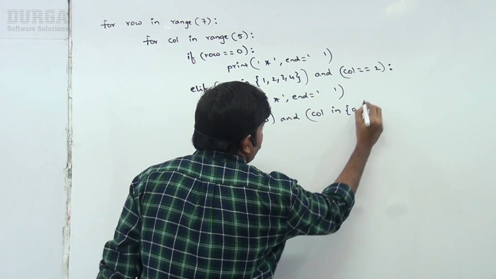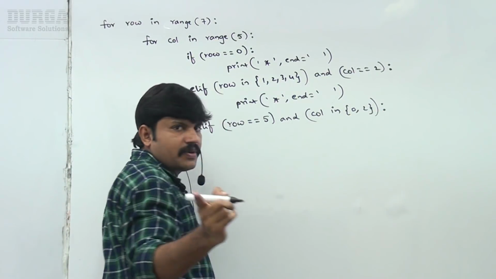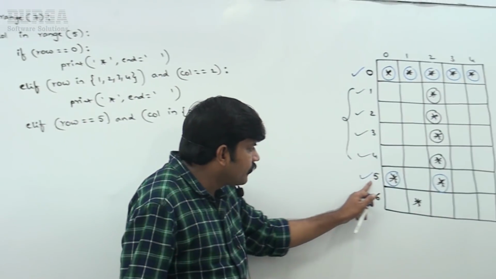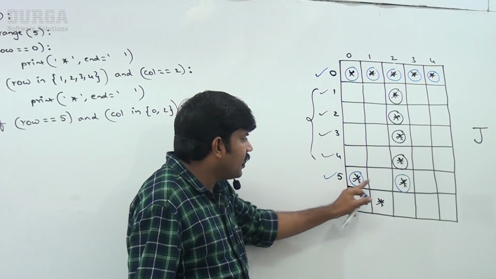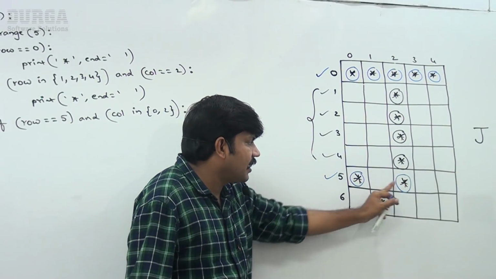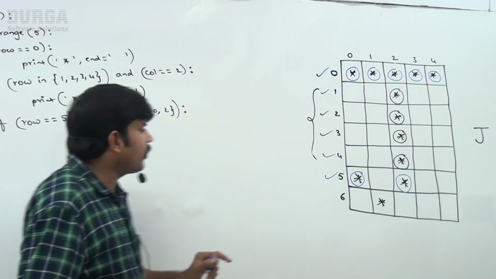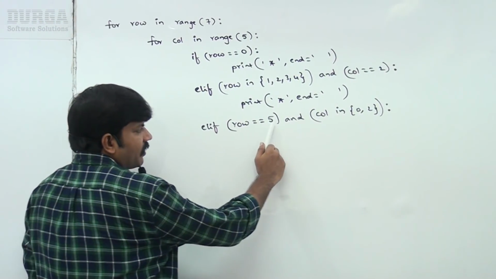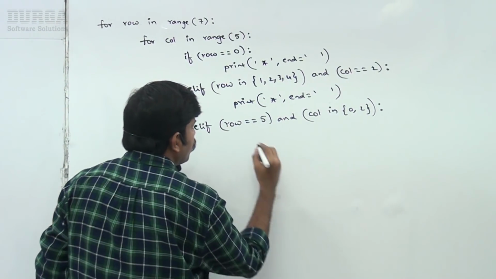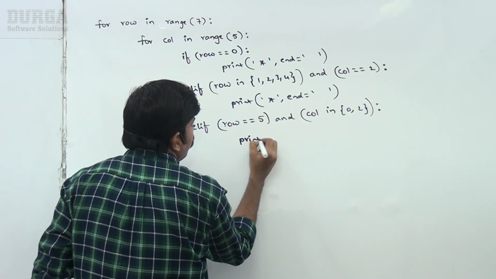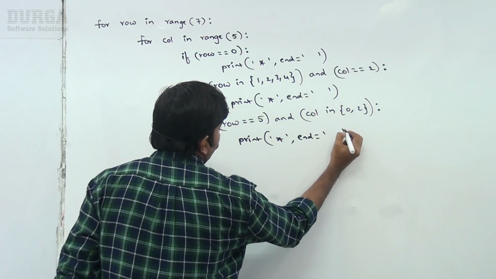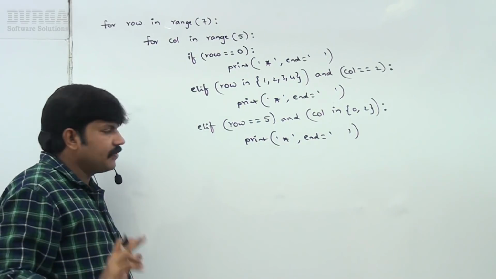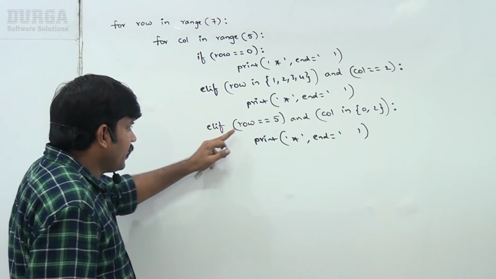Observe carefully, here for row number 5, in the 0th column and the second column I want a star symbol. So row is 5, col in 0 or 2, print star, comma, end is equal to empty, like this we can take. That's all. So elif, like this.